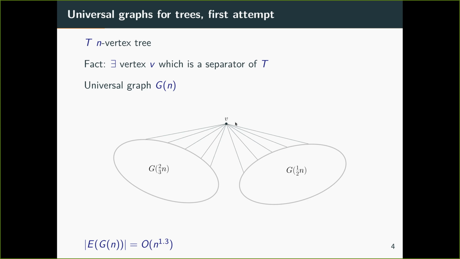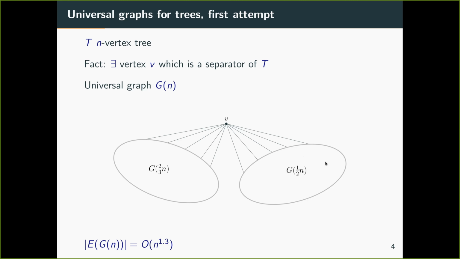And since it's a separator, left and right, after we remove it, has at most 2/3 n vertices. Left and right, it's a bunch of components. So left and right are forests. So they are contained in trees. So left is contained in a tree and at most 2/3 n vertices. Right is contained in a tree and at most 2/3 n vertices. Right, so we can just recurse and put a construction for 2/3 n on each side.